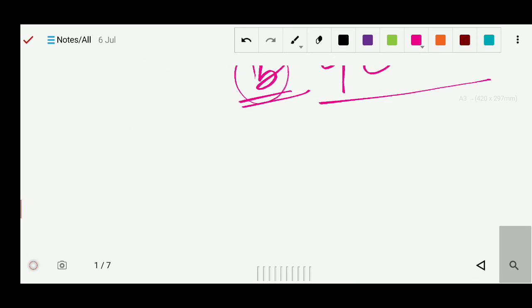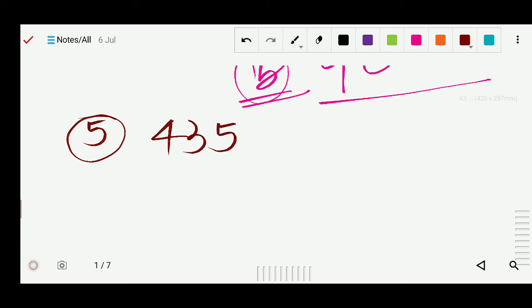Okay, question number 5. The digits 5 and 4 of the number 43521 are interchanged. Find the difference between the original number and the new number. This 5 will come here and this 4 will go there, so they interchange.